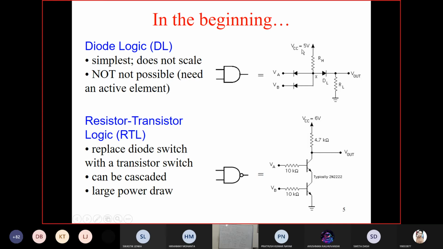That means VA is 0 and VB you give some positive voltage. Will the diode be reverse biased or forward biased? Then you can check the output value also. This other diode, is it an open circuit or short circuit? If it is forward biased, you replace it with a short. You can take it as a silicon diode or a germanium diode, whatever it is, and try to work out whether it is working as an AND gate.